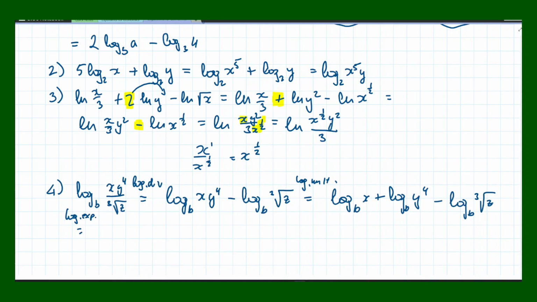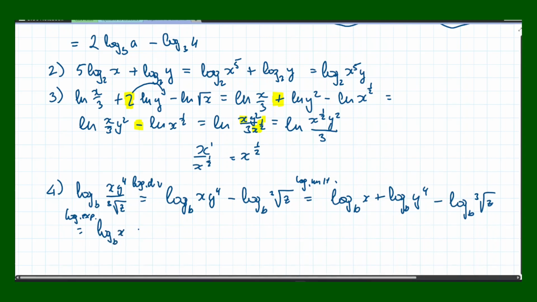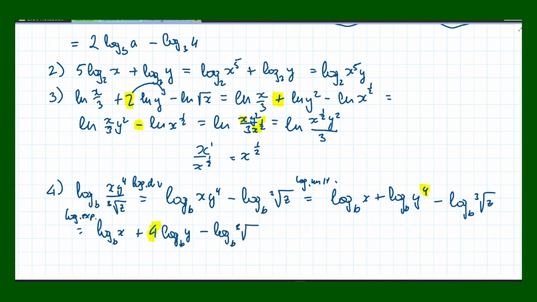What happens when we have got an exponent behind the log sign, which is the rule that we discussed today? The first term does not change, that stays as log bx, but the second term can be replaced as 4 times log by, because remember, the exponent can be brought down in front as a multiplier. And I'm going to keep minus log b cube root of z.